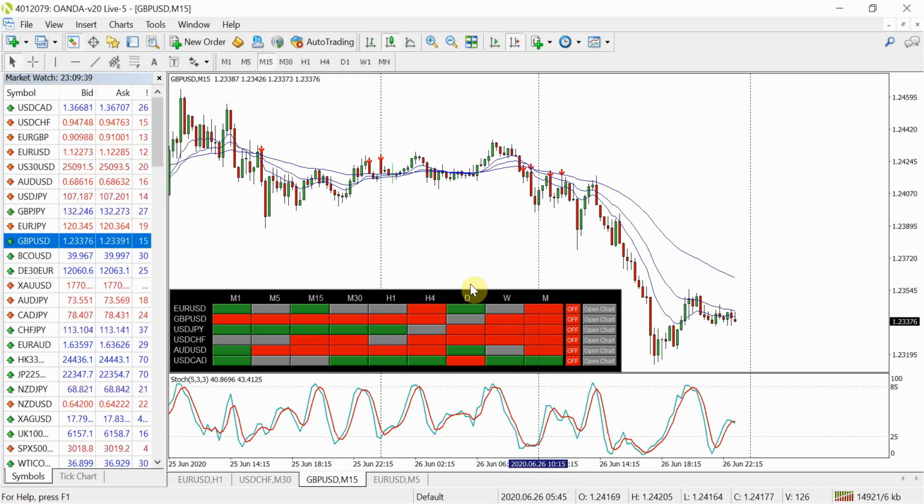In this example, when the stochastic enters the 85 range, I'll be looking to sell a currency pair, and when it enters the 25 range or below, I look to buy the pair.